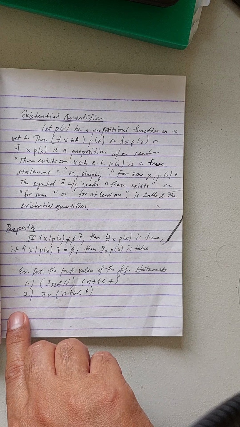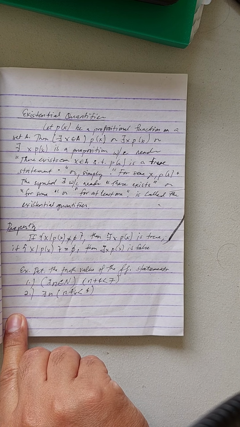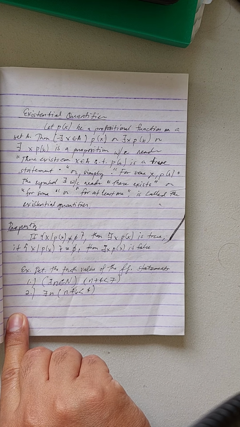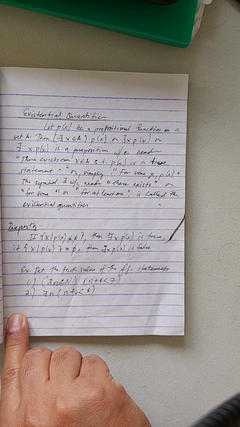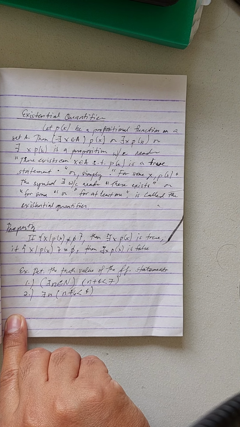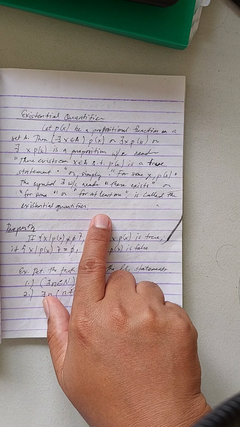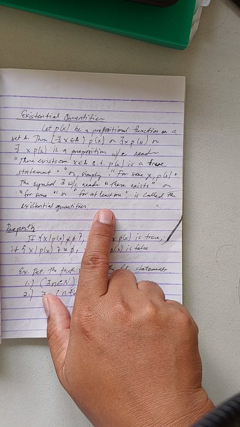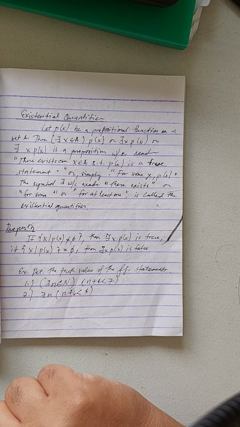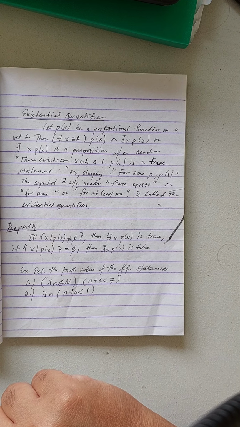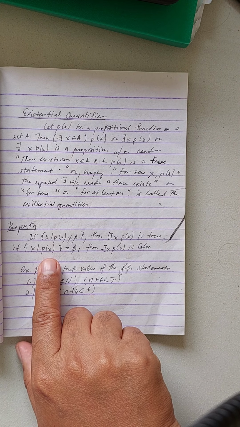Then we have the existential quantifier. Let the proposition be a propositional function on a set A, then there exists an element of A in the proposition. We call it there exists, meaning for at least one, or even just one. It is called an existential quantifier.